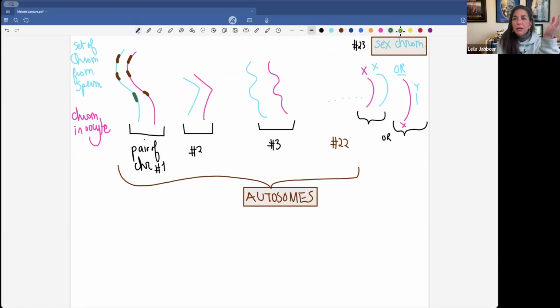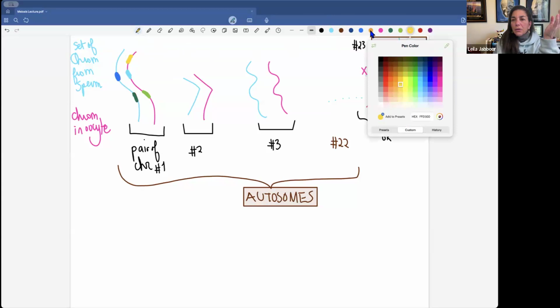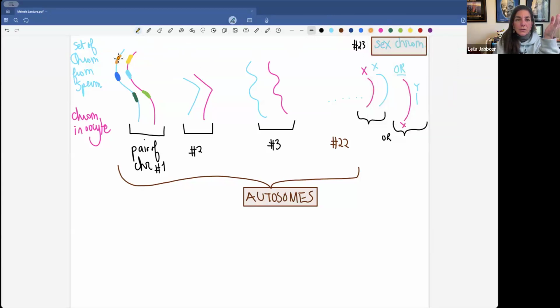Here's green, and here's light green. And here is dark blue, and here is light blue. And I'm going to explain to you why in a second. Here's orange, and here is, oops, where did it go? There we go.